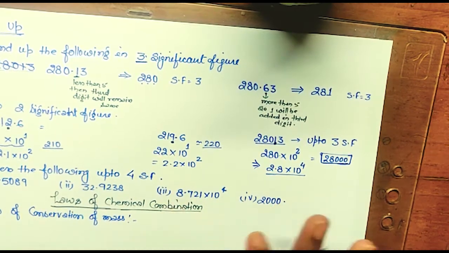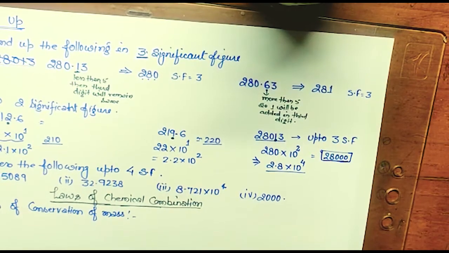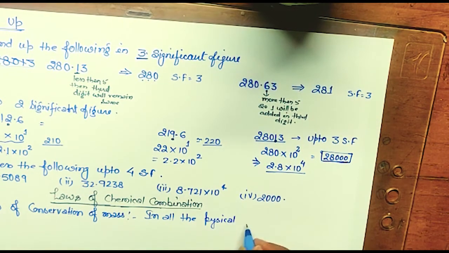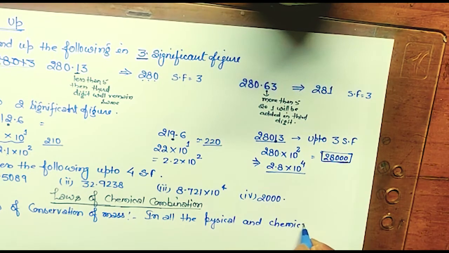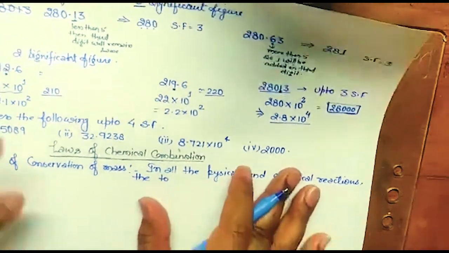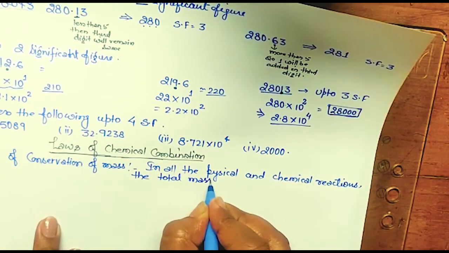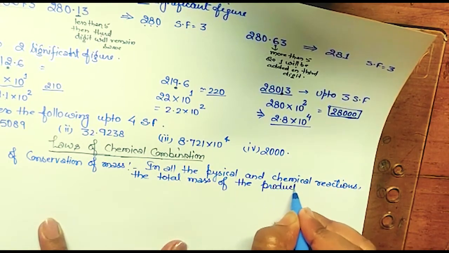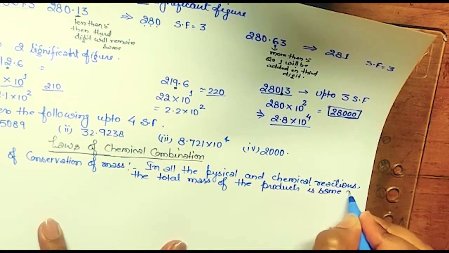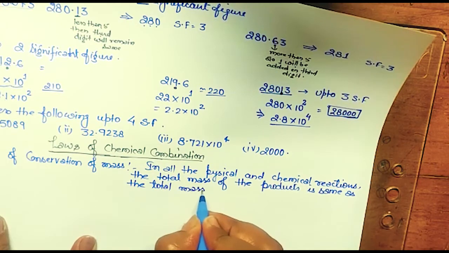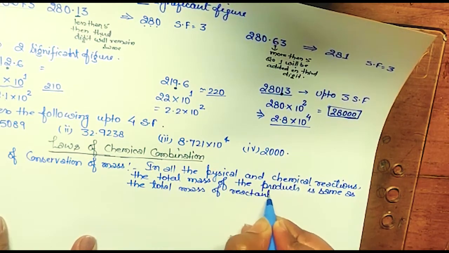So this law says that in all physical and chemical changes or chemical reactions, the total mass of the products is the same as the total mass of the reactants.